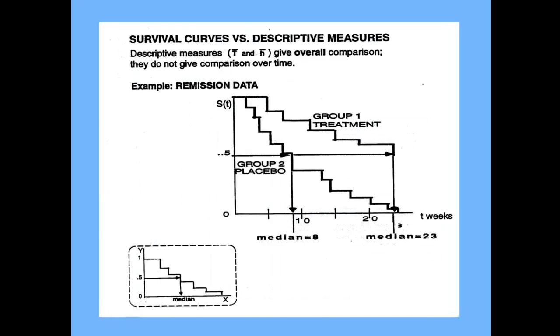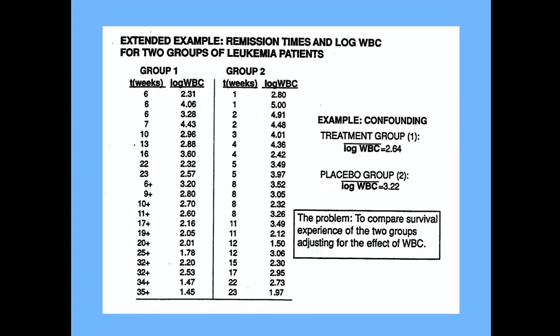Here's another situation. What have I done on this slide? I've added something to the so-called data. I've added another variable. What variable have I added? Log white blood cell count.